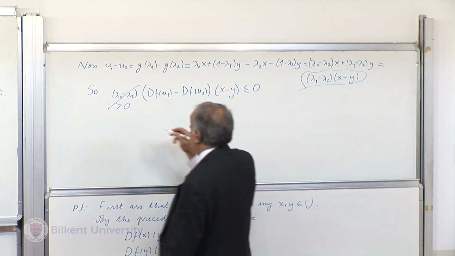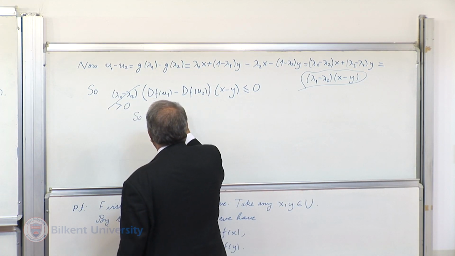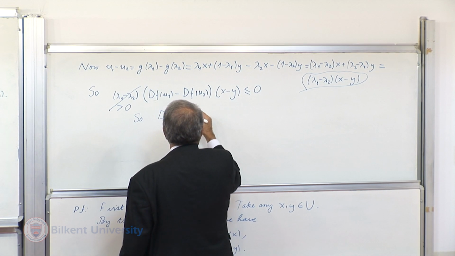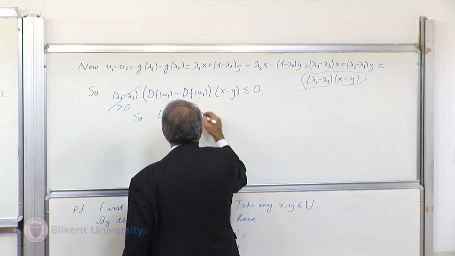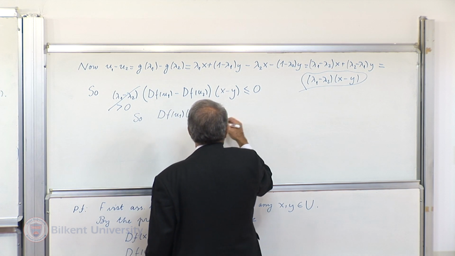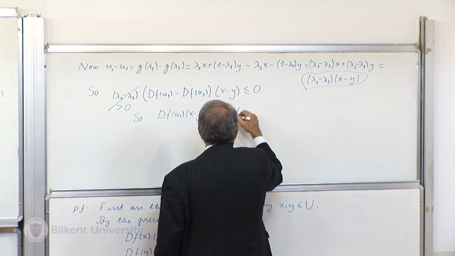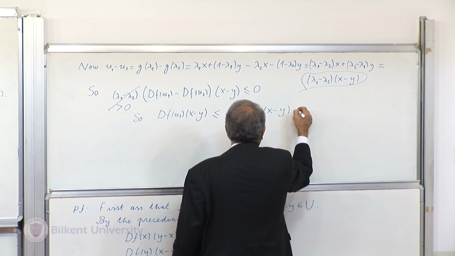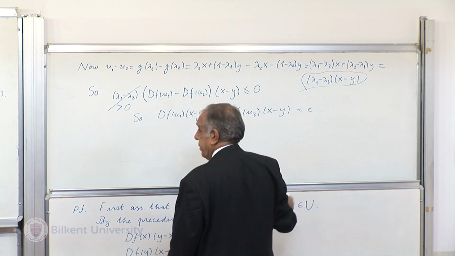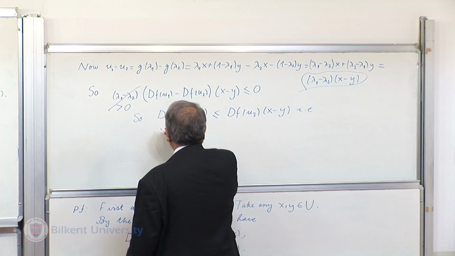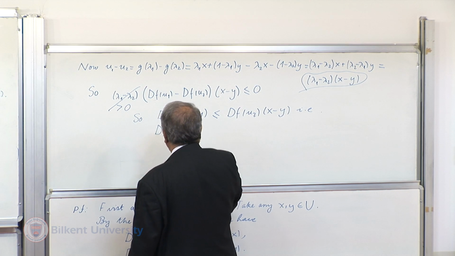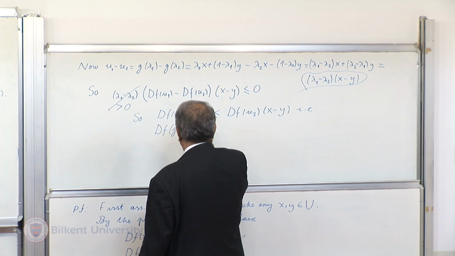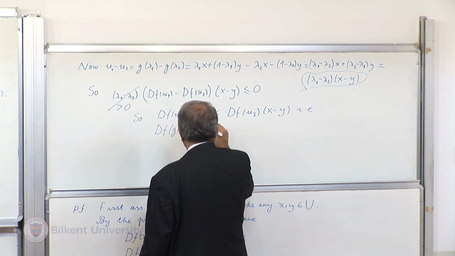Well, so we have df u1 at x minus y less than or equal to df u2 at x minus y. That is, df, what was u1? That was g lambda 1 at x minus y.